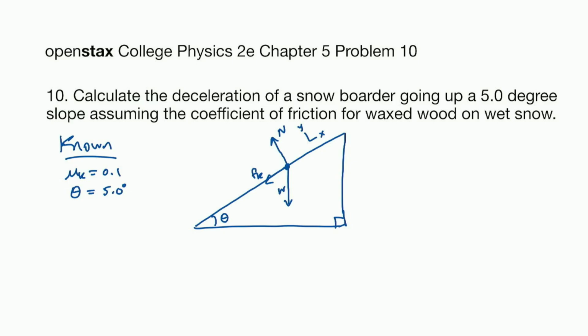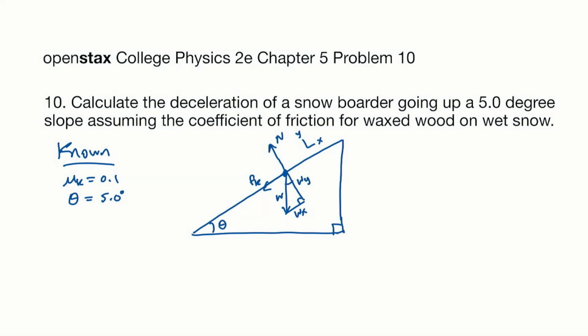If we draw the perpendiculars, then this will be the y component, and this will be the x component. By geometry, this will be the theta up here. We can extend this to make a right triangle, and then this angle here is 90 minus theta, and so that's why theta is where it is in the small triangle.